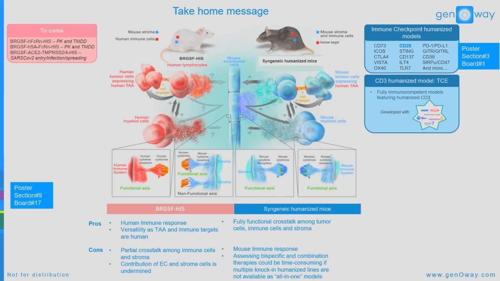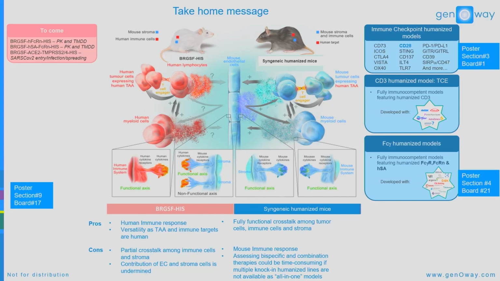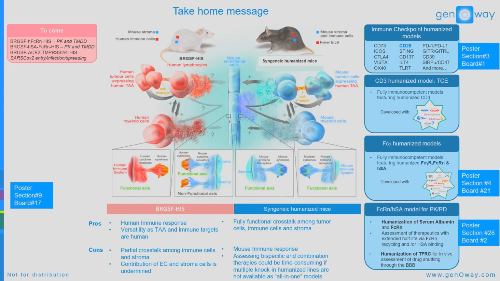This model could also show cytokine release, models which have Fc gamma receptor humanized, and models which have humanization of key components of the PK pathways such as FcRn and HSA, as well as models where we've humanized FcRn, TFRC for drug shuttling across the BBB, and serum albumin for more translatable PK/PD. So as you can see, our motto is really to try to move toward the most translational model as possible, although it remains an animal model, and there will still be major discrepancy when compared to human.